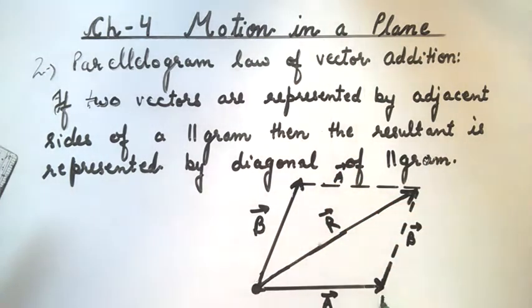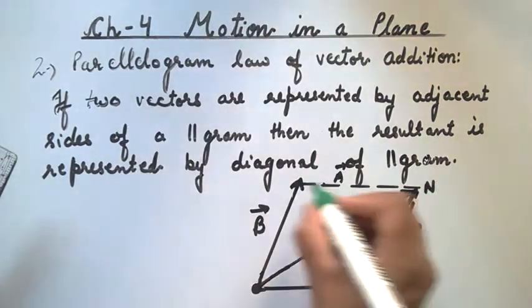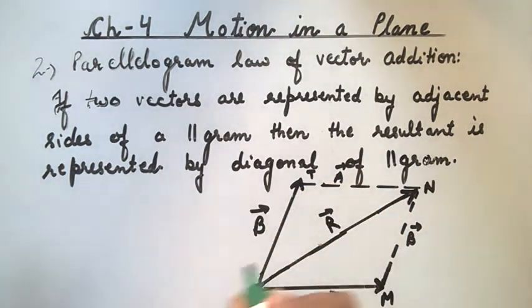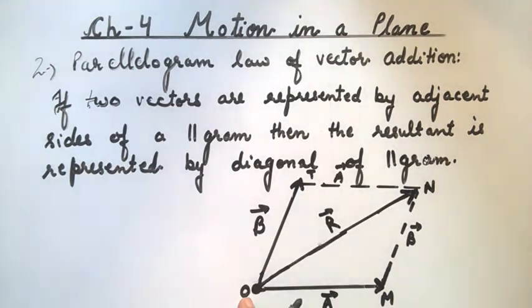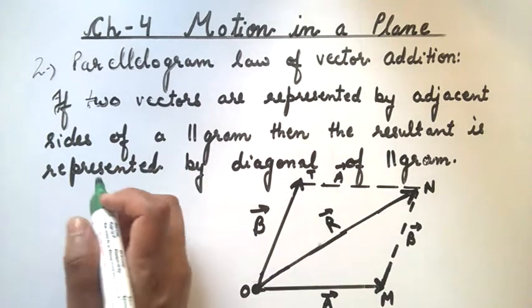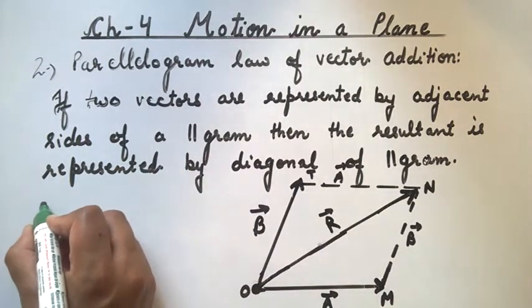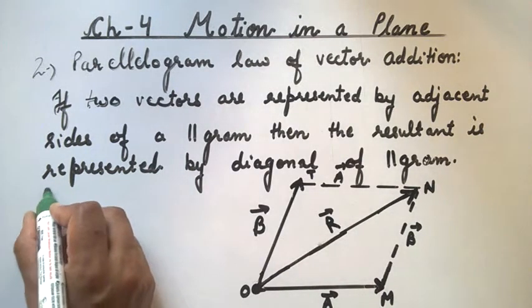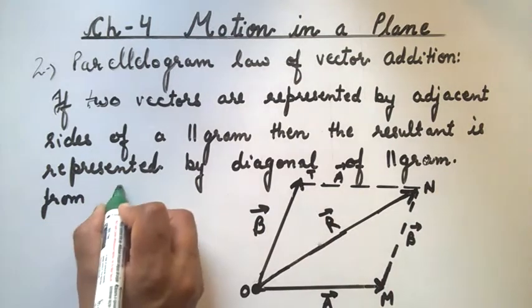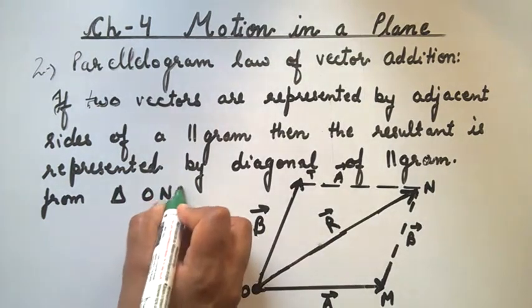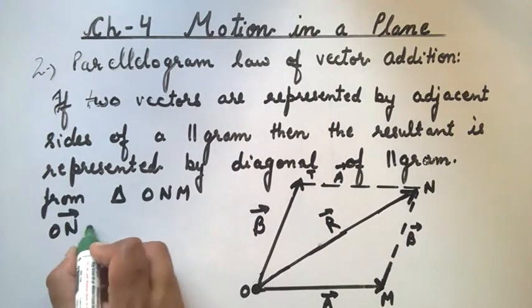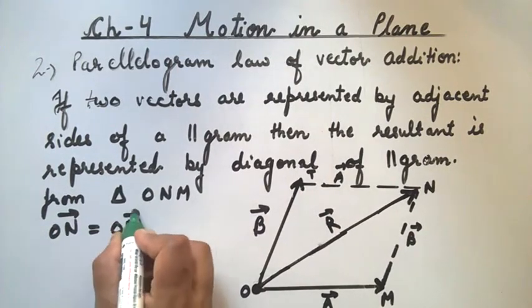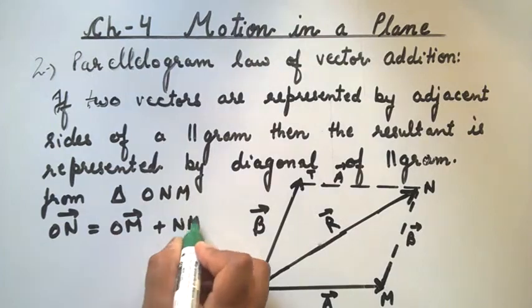So let us suppose this is point M, this is N and this is T, and this is point O. So by triangle ONM, we can write ON vector equal to OM vector plus NM vector.